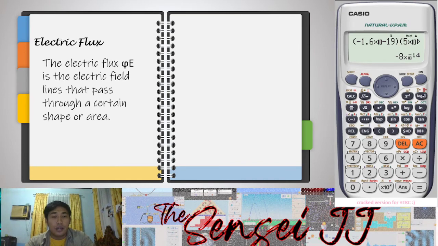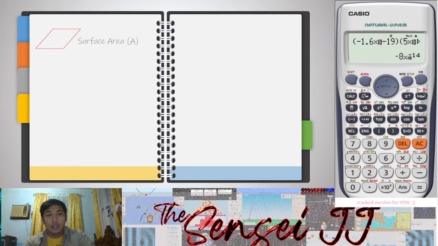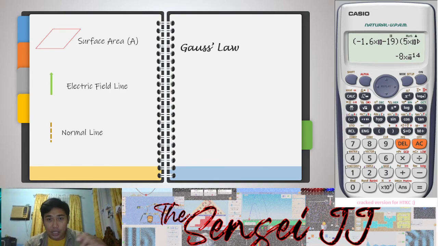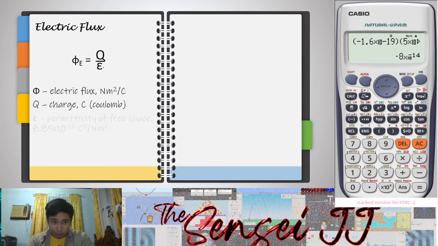So electric flux. Meron lang akong gustong i-clarify dito sa ating formula. Yes, this one, the derivation of our formula. We have here our formula of electric flux, which is phi E is equivalent to Q all over permittivity of free space.